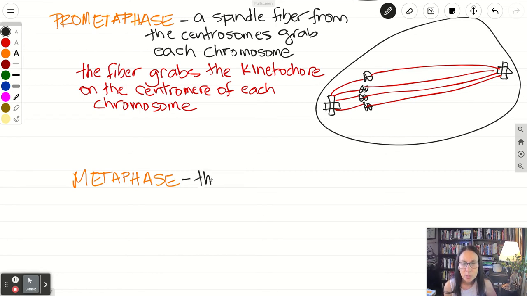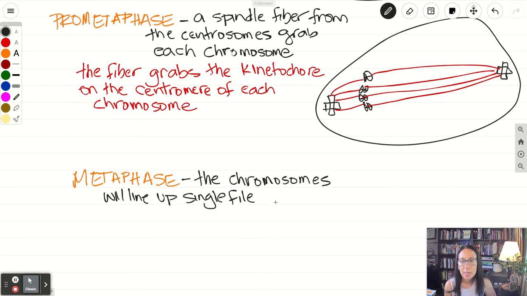So the chromosomes will line up single file across the metaphase plate.